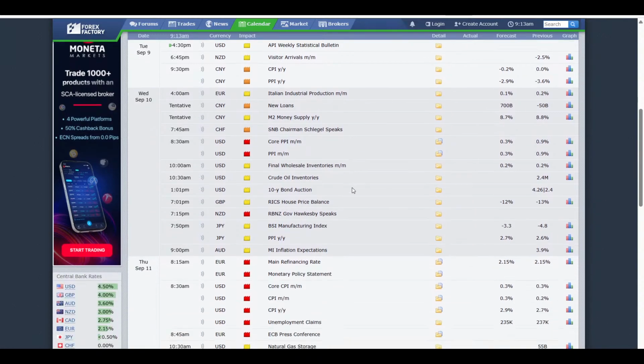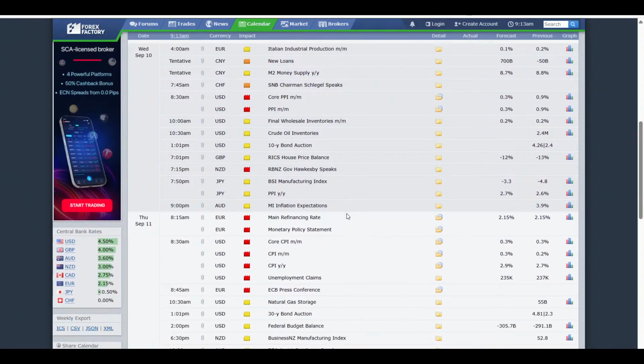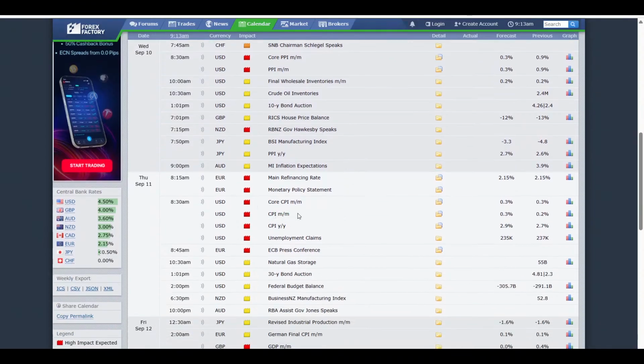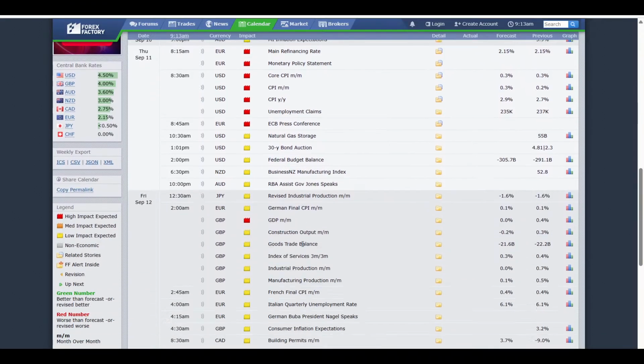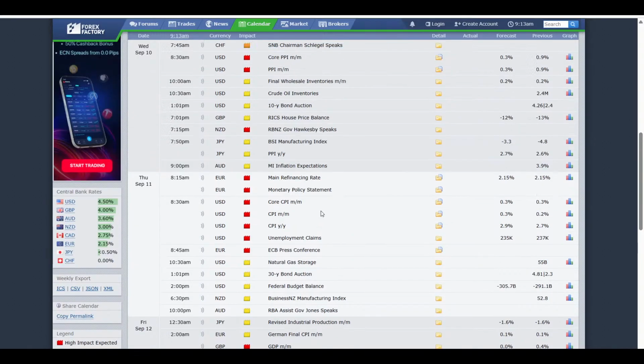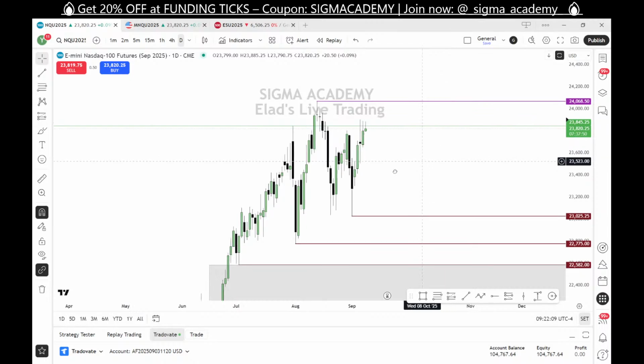But the main news for the week are the PPI and the CPI. Those are the main events of the week. We can anticipate the market will move a little bit slow without any dramatic moves. So be careful what you are doing today.